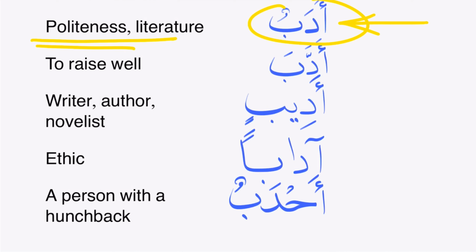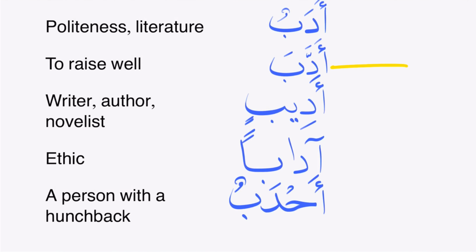It means politeness or literature. How about the second word? Addaba. We've covered all of this within this lesson in combination with the previous lessons. Addaba. It means to raise well.